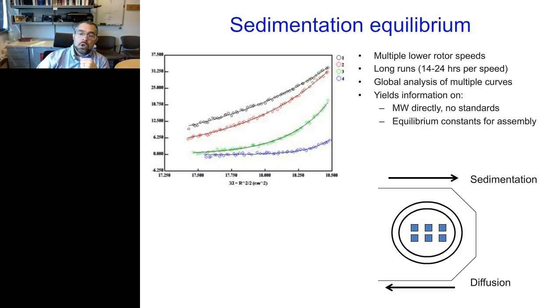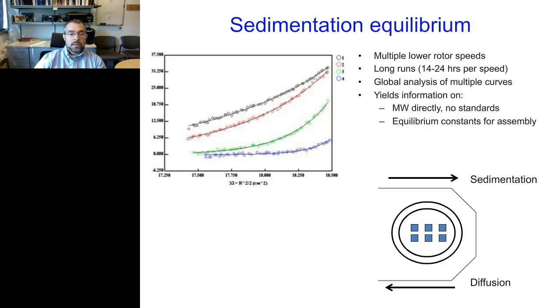So diffusion will oppose sedimentation. And if we let this spin and spin and spin for, let's say, 24 hours, eventually the force due to sedimentation and the force due to diffusion will equilibrate, and we have no net movement of our macromolecules, and everything settles down to a stable equilibrium concentration gradient.